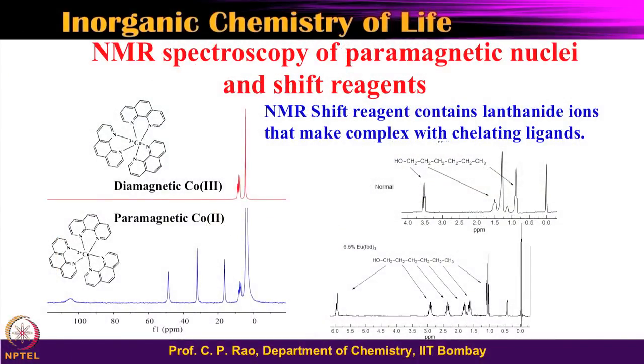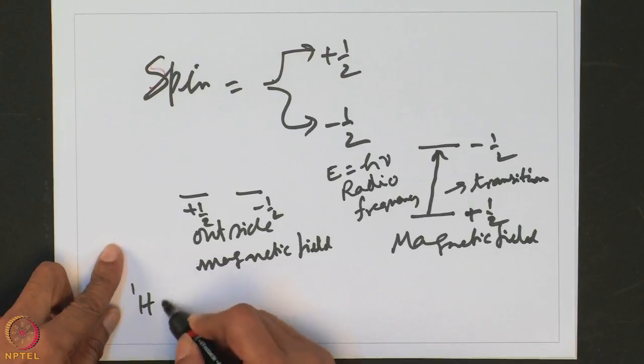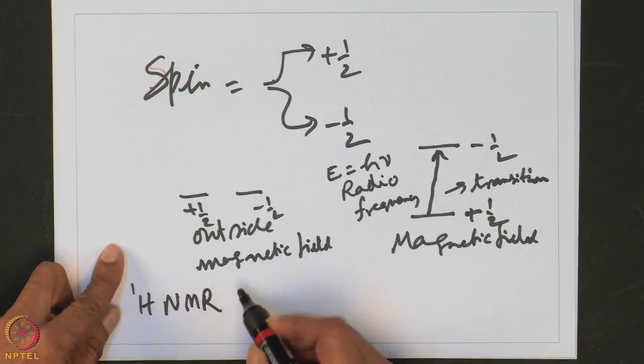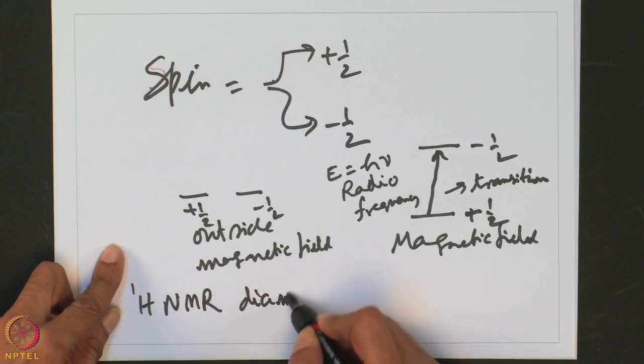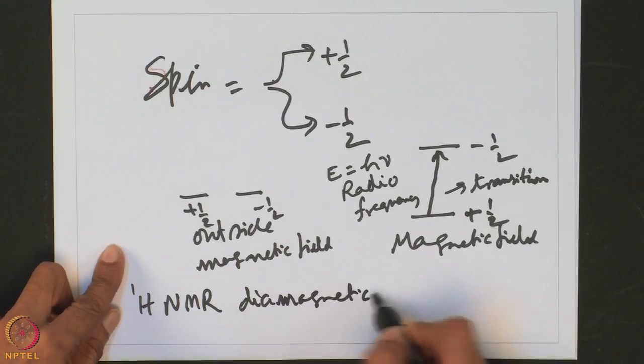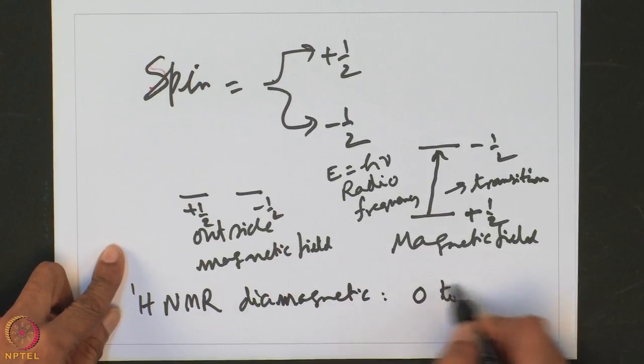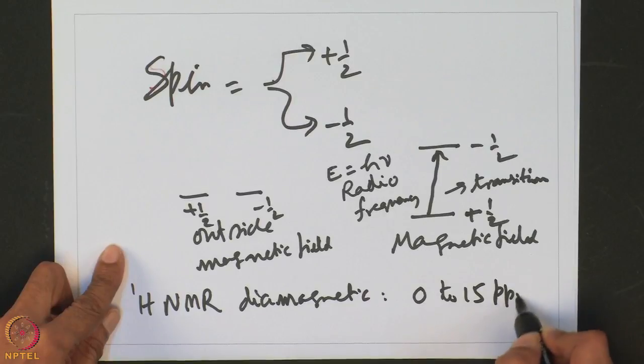Generally, in the NMR of diamagnetic organic molecules, the proton 1H NMR spectrum runs from 0 to 15 ppm.